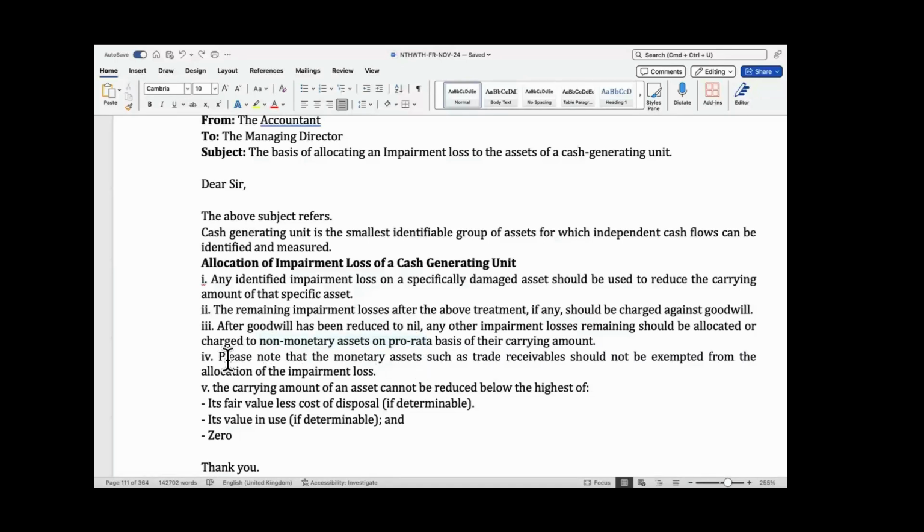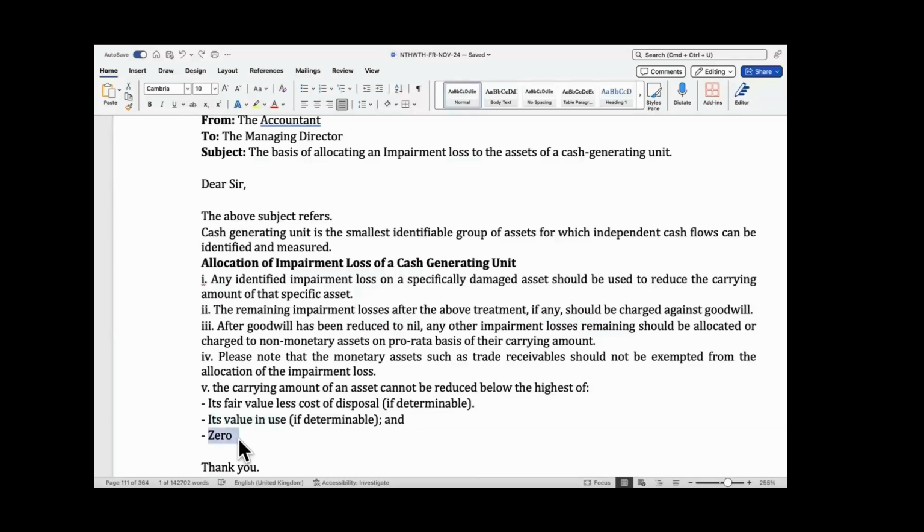And I said that monetary assets such as trade receivables should not be exempted from allocation, provided the examiner tells you that they have been impaired. And when you are finally done with your allocation, ensure that the carrying amount is not reduced below the highest of fair value less cost to sell, value in use, and zero.